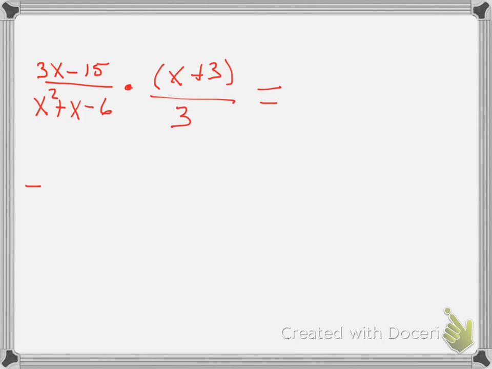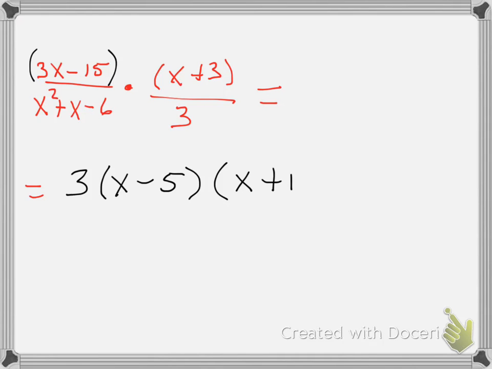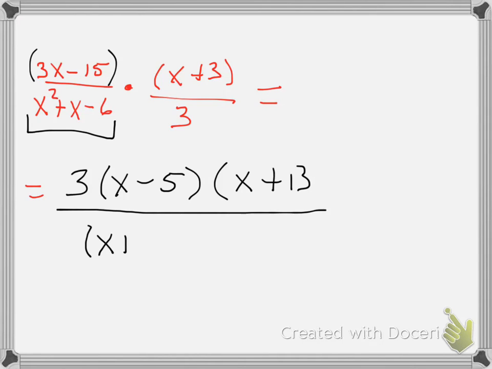Well, I'm going to factor everything out as much as I can. If I look at this first numerator, I can take a 3 out and I've got x minus 5 left. And that's going to be times x plus 3. Now if I factor x squared plus x minus 6, I get x plus 3, x minus 2 times 3.